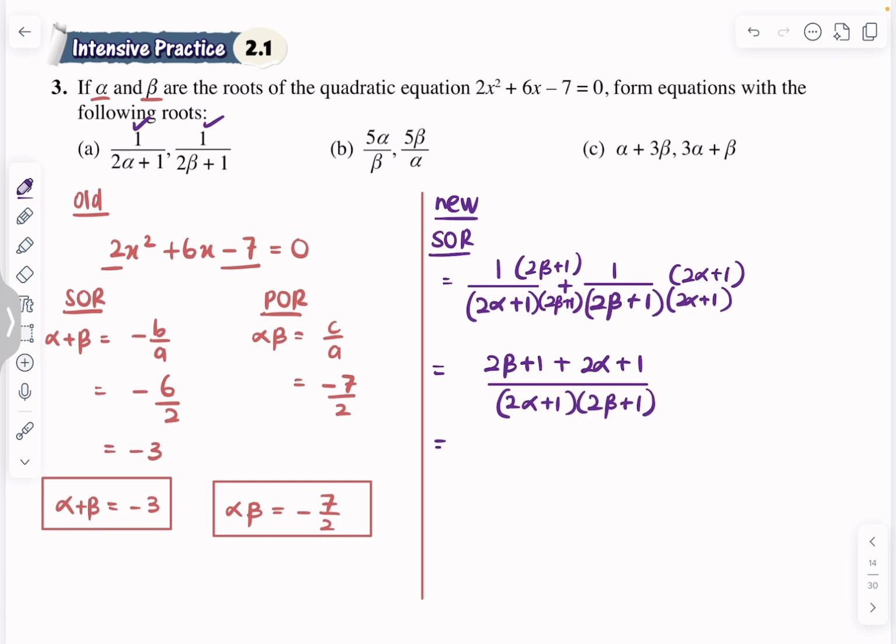We can expand and simplify. So the top will become 2 alpha plus 2 beta plus 2, over, down here we can expand. So this will become 4 alpha beta plus 2 alpha, then this one will become 2 beta plus 1.